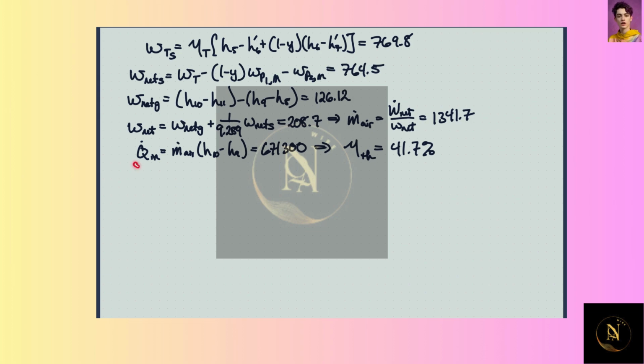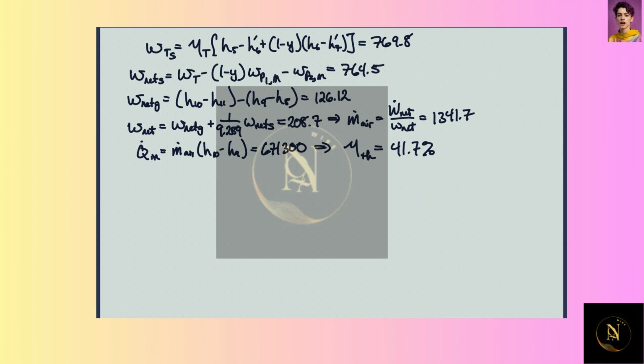We can look at the heat that comes in, and that's the heat that is basically from the combustion process that's heating the air up. And so we know the mass flow rate of the air, and we know the change in enthalpy from the inlet and the outlet of the combustion chamber. So then we get about 671 megawatts of heat flowing into the air.